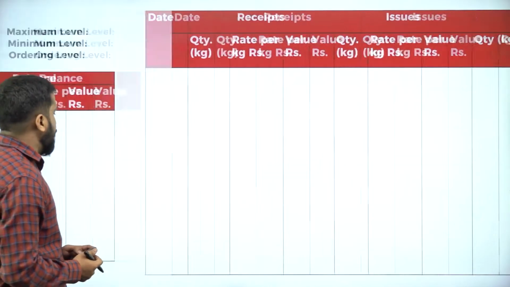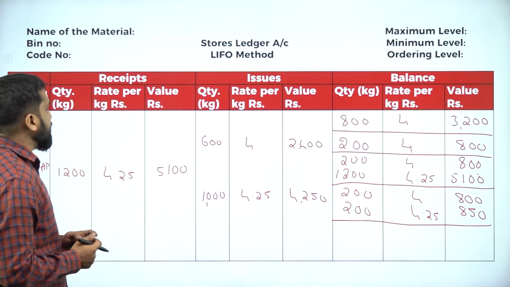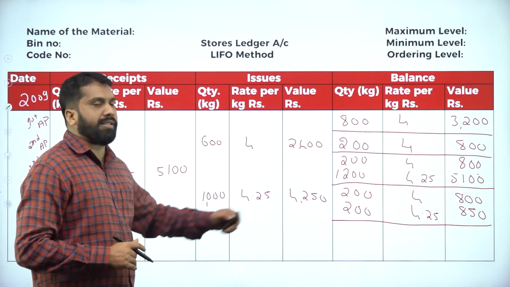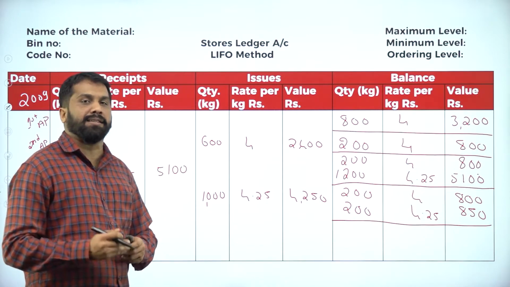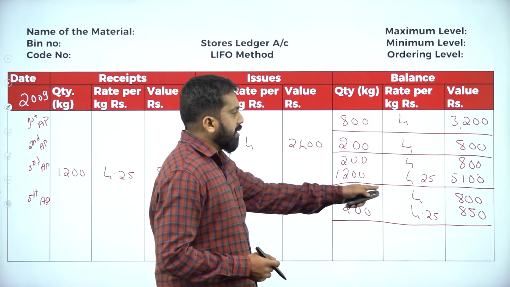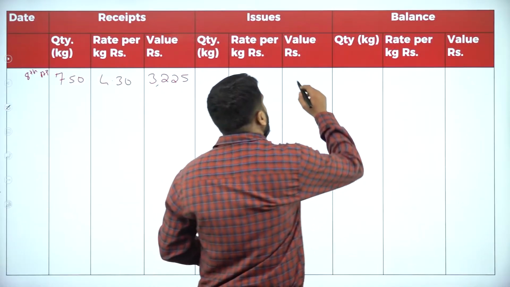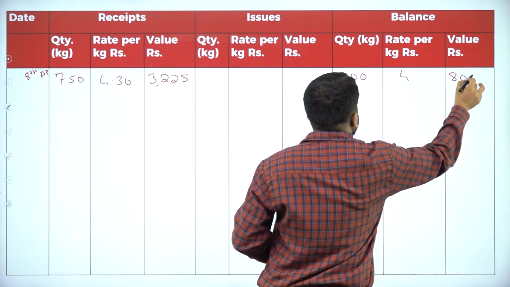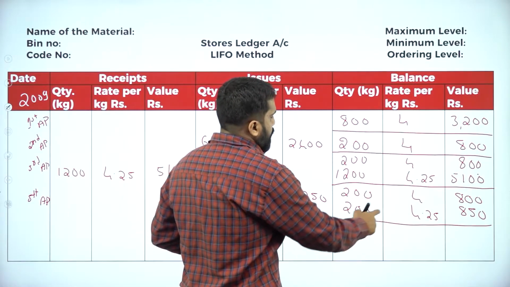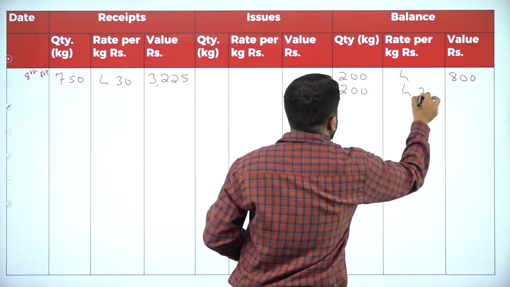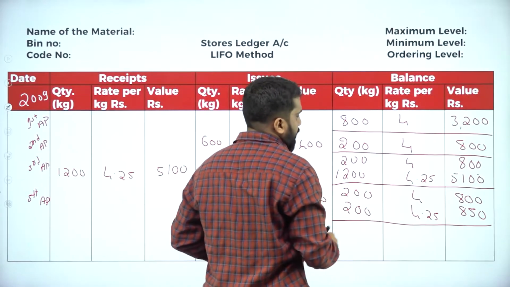How to copy? The old thing we have to copy first, later the current one we should consider. The old one is what? 200 into 4, 800. Second one, 200 into 4.25, it is 850.